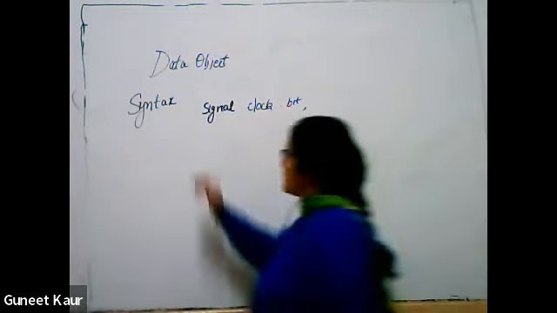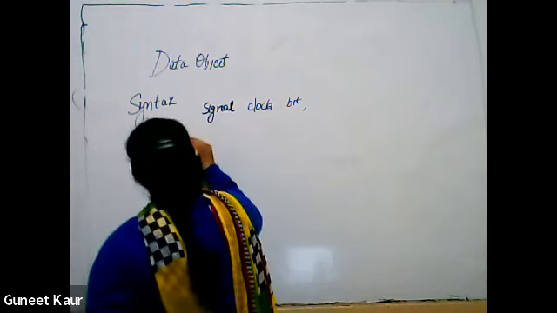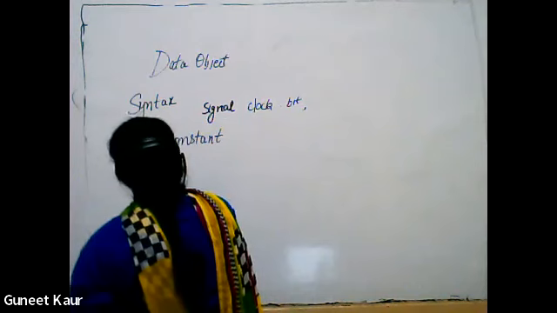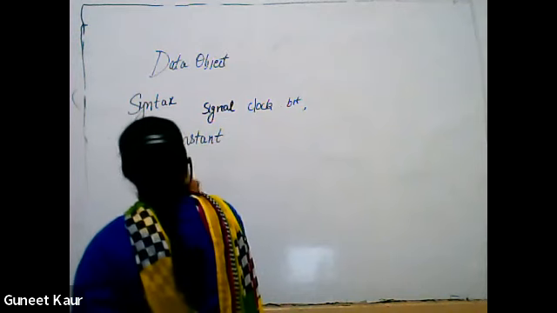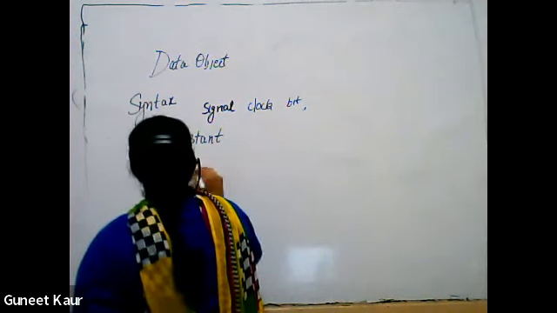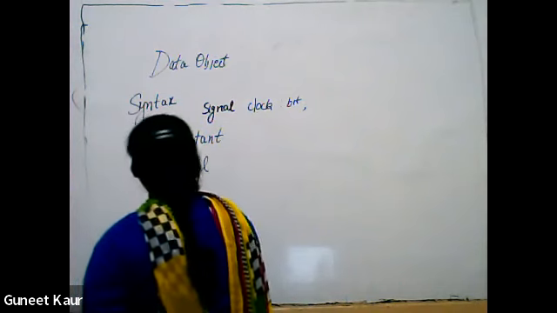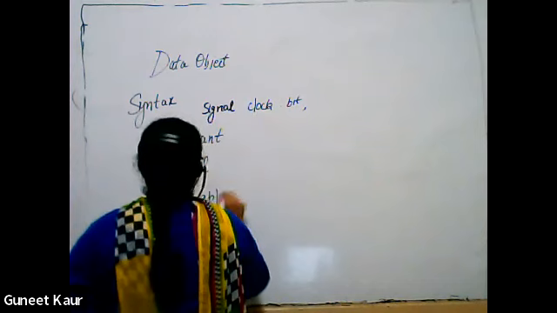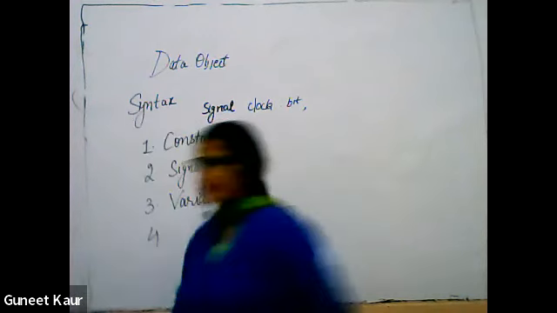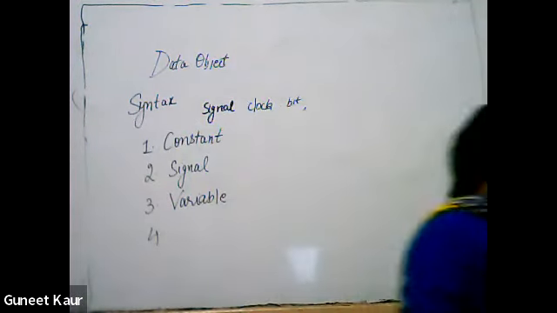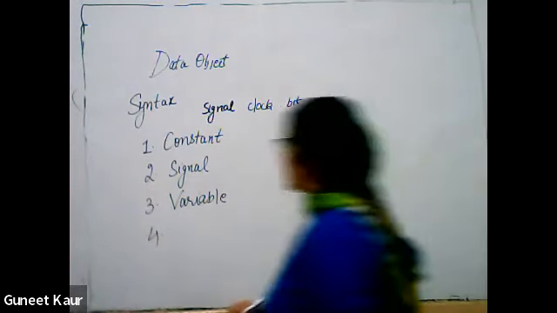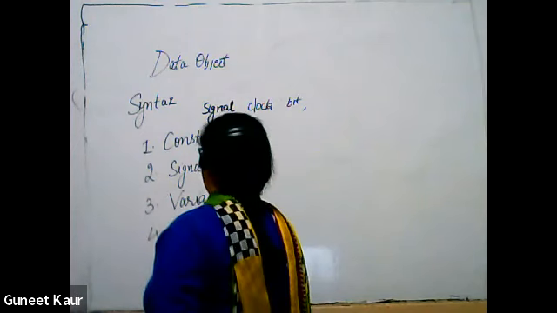One is constant. The second data object is signal. The third data object is variable, and the fourth one is file.